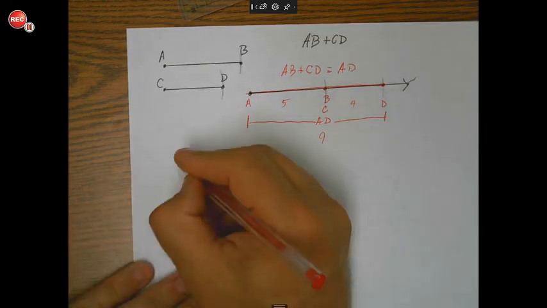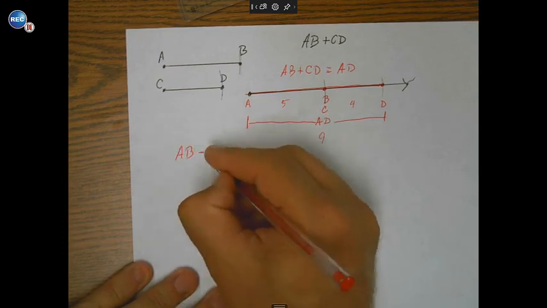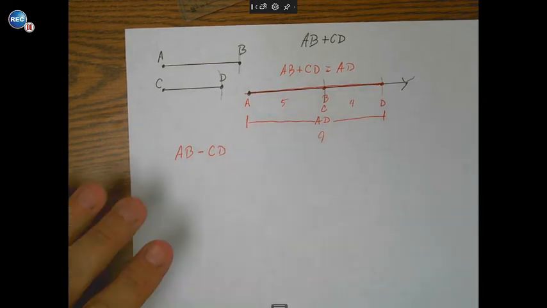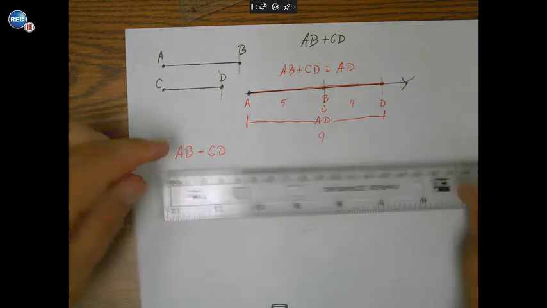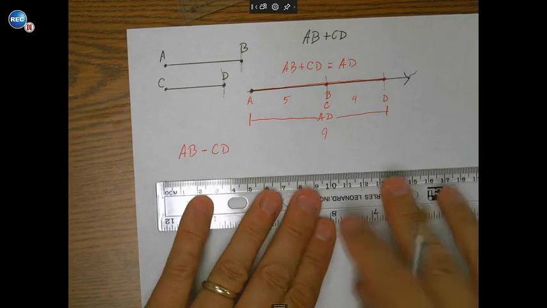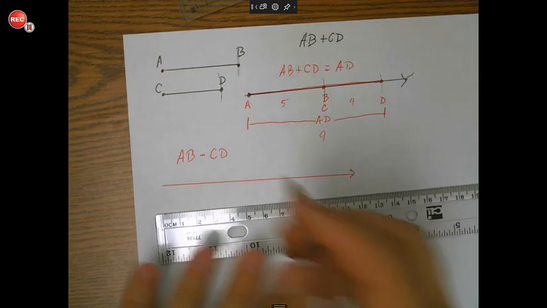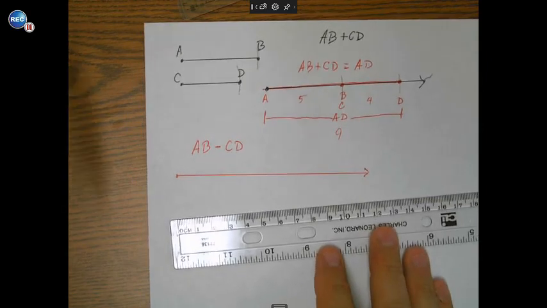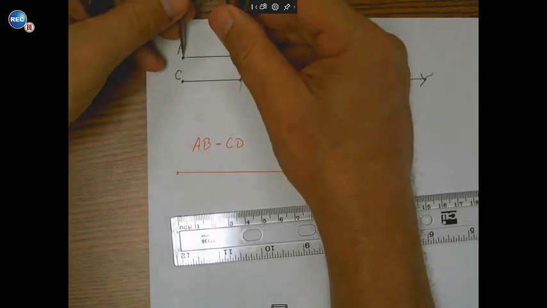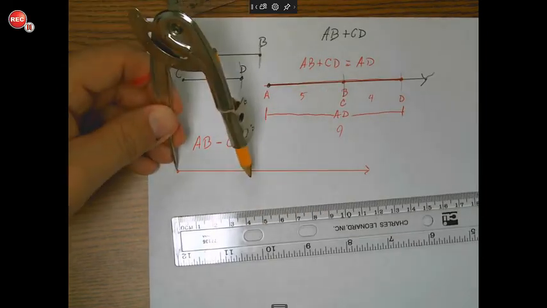All right, let me throw a little curveball at you. Find the length of a segment that's AB minus CD. Oh, Mr. Bennett, that is a challenge, isn't it? All right, so I'm going to go ahead and put a ray down. I'm going to copy AB out there first.